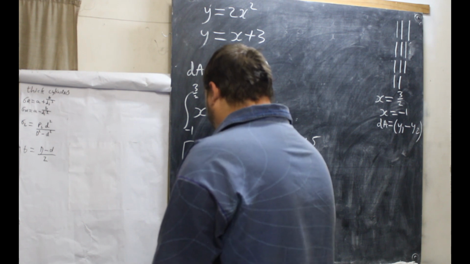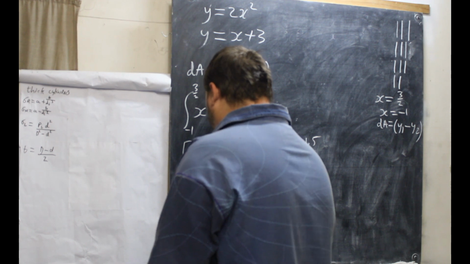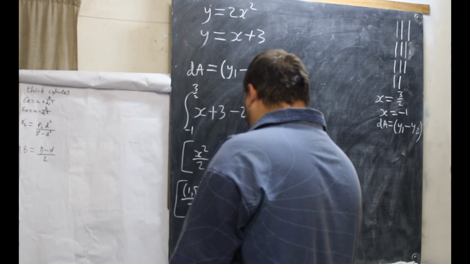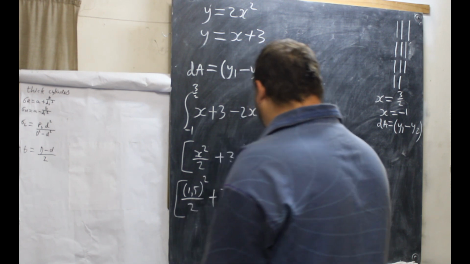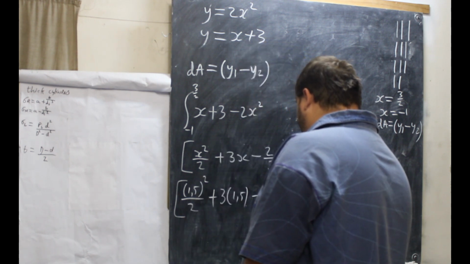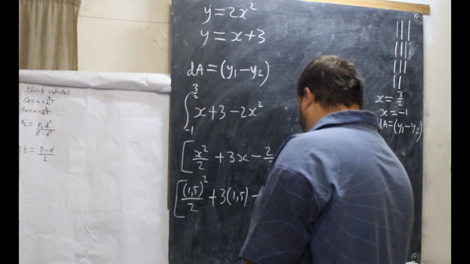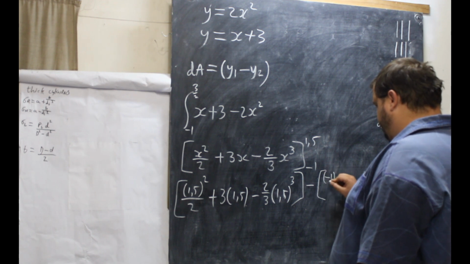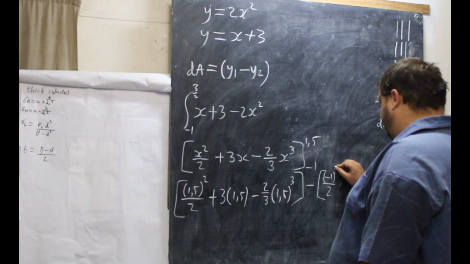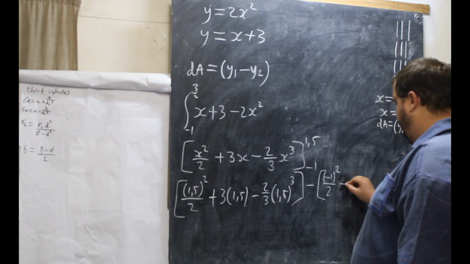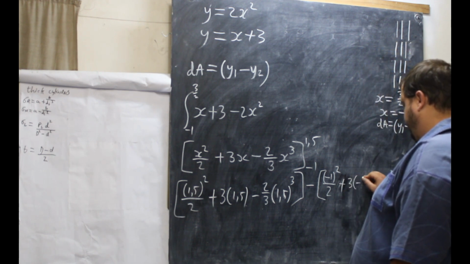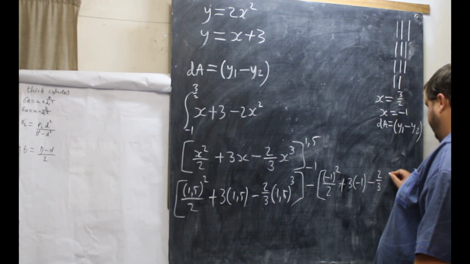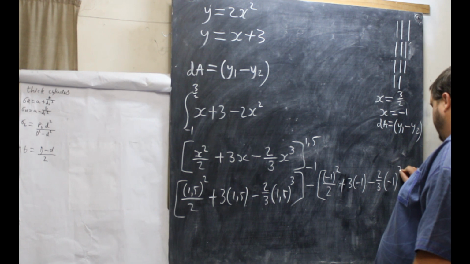So 1.5 squared over 2 plus 3 times 1.5 minus 2 over 3 times 1.5 cubed, minus: (minus 1) squared over 2, plus 3 times minus 1, minus 2 over 3 times minus 1 cubed.